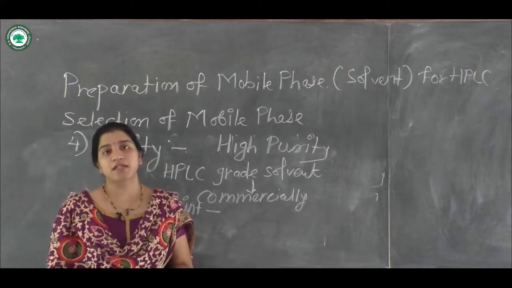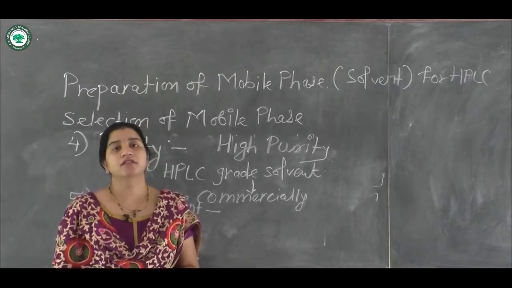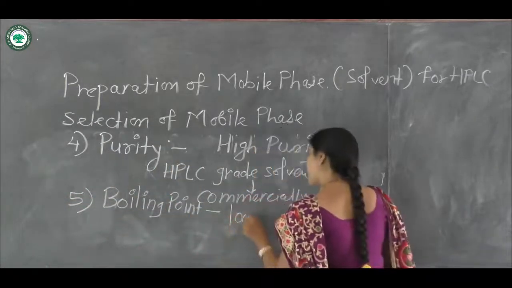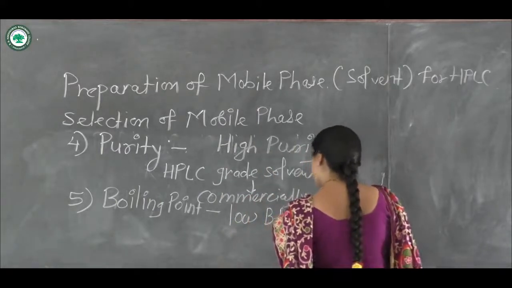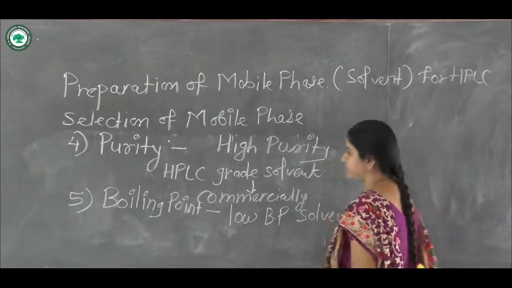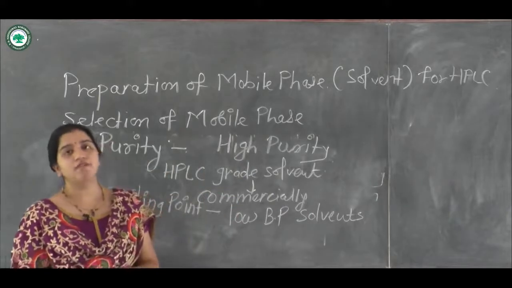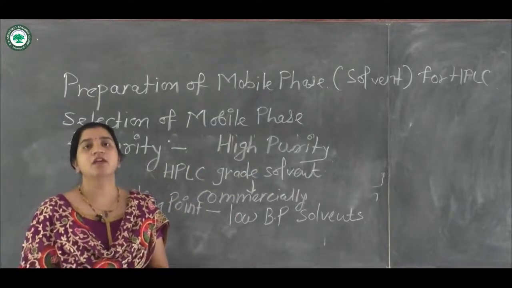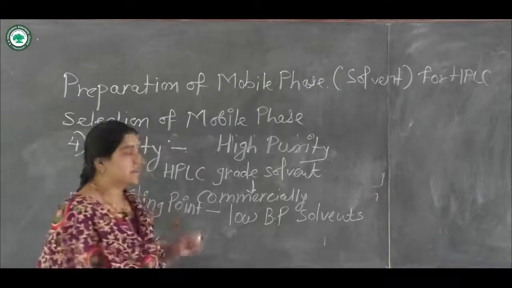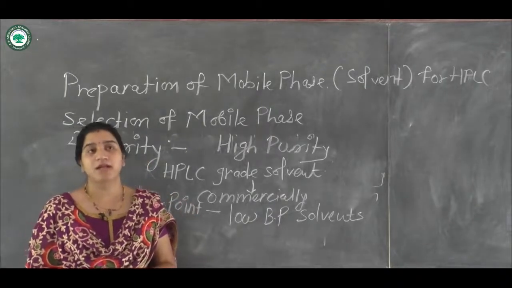As far as HPLC is concerned, we always prefer solvents having a low boiling point. So whenever you are dealing with HPLC, you have to always select a solvent which has a lower boiling point. So this is the fifth criterion that we have to consider while selecting the mobile phase or solvent.